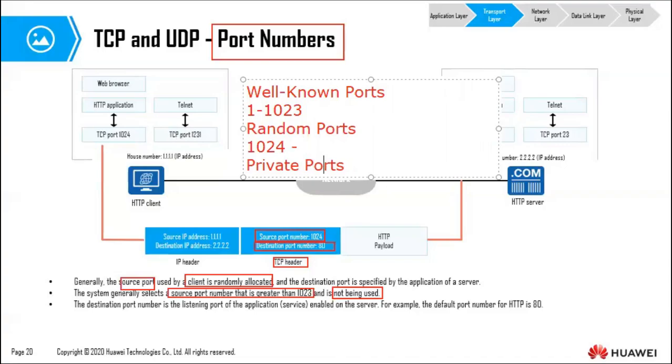Then we have private ports. These private ports, again, I can't remember exactly where they begin, around 60,000 or something like that to some 64,000 or something. I can't remember, please confirm. But these private ports are used for proprietary protocols.